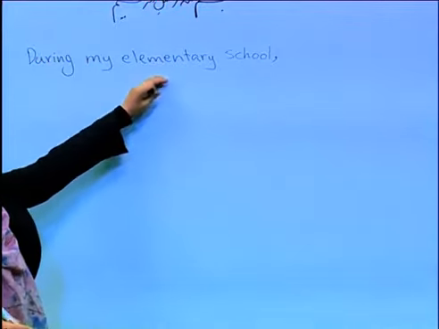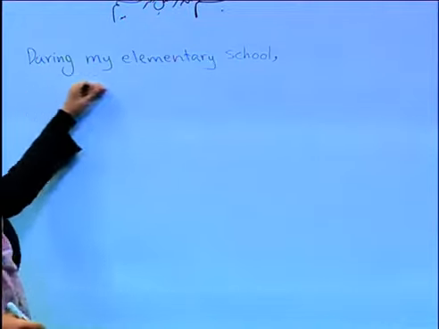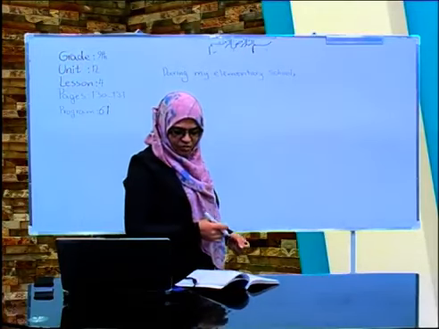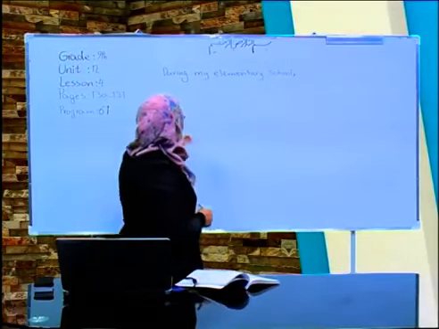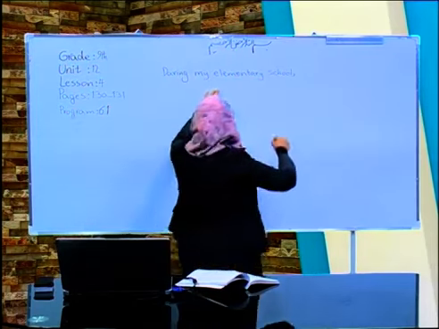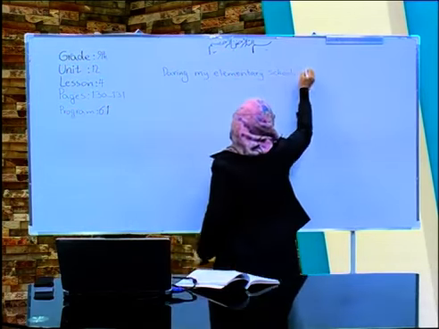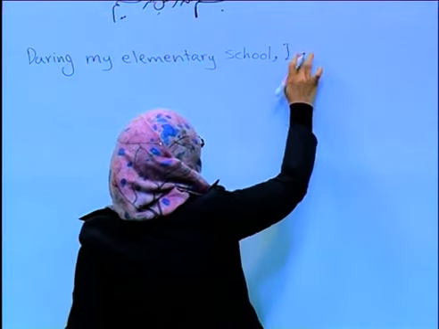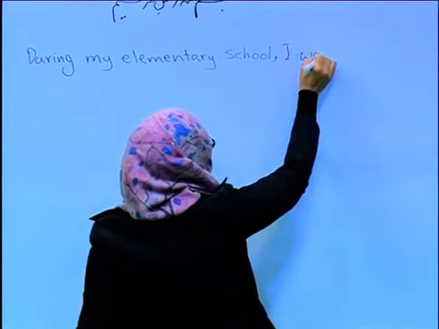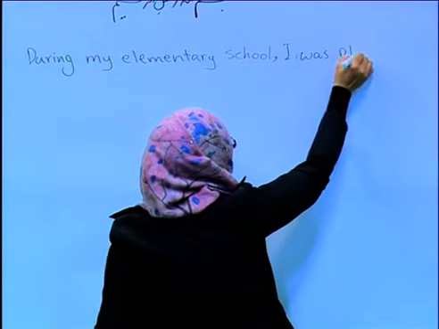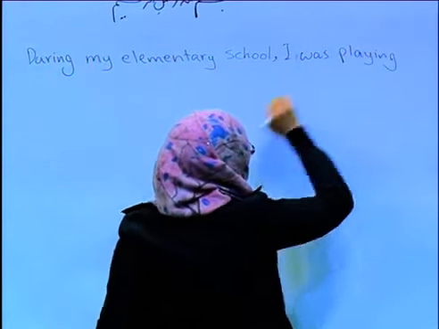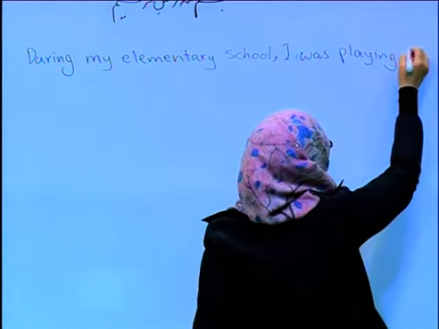Elementary school. How can I complete the sentence? That is a continuous, yeah? I have to use a past continuous form of the verb, okay? I can say I was playing football.